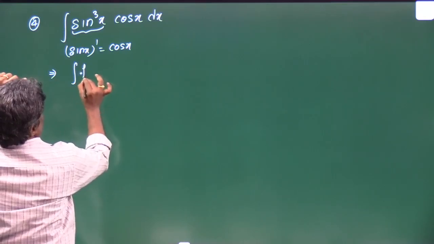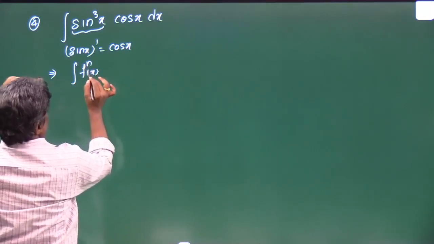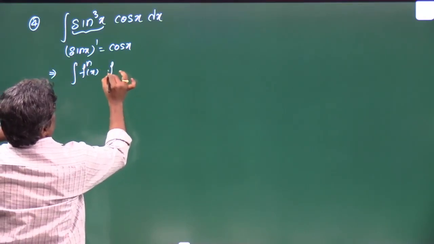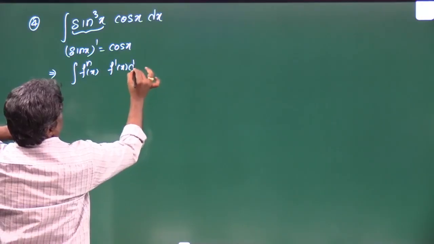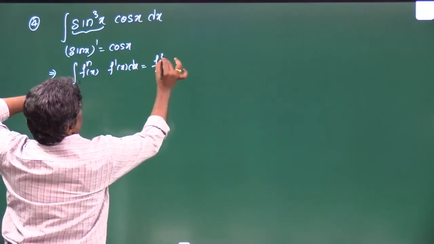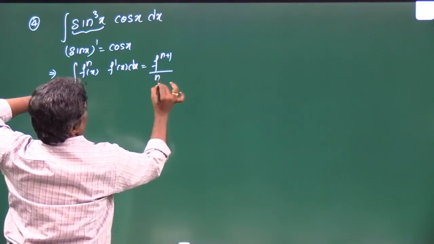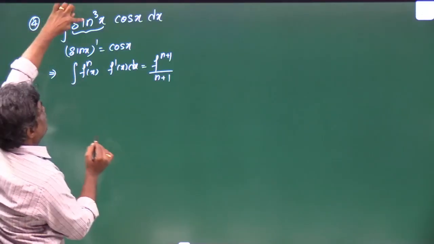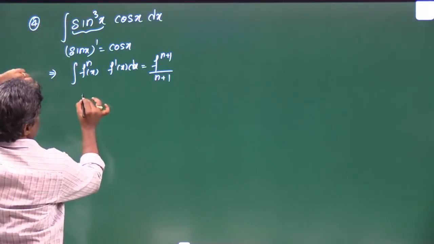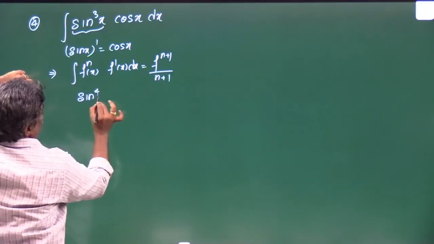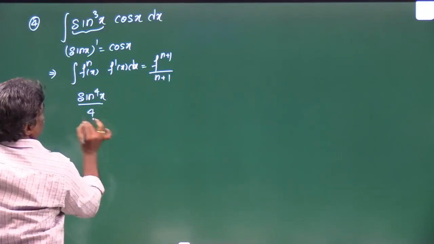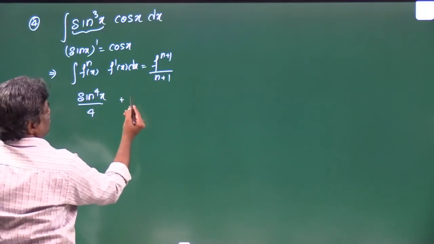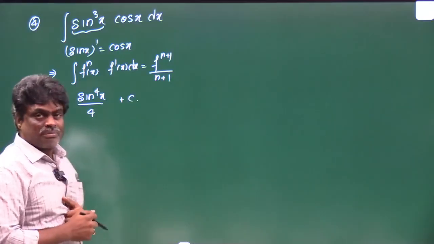Integral, one more time I'm writing, f power n x into f dash of x dx. What is the answer? This is simply f power n plus 1 by n plus 1. Your function is sine here, n is 3. That's why the answer is sine power 4 x by 4. Of course, in indefinite integrals there will be some constant.